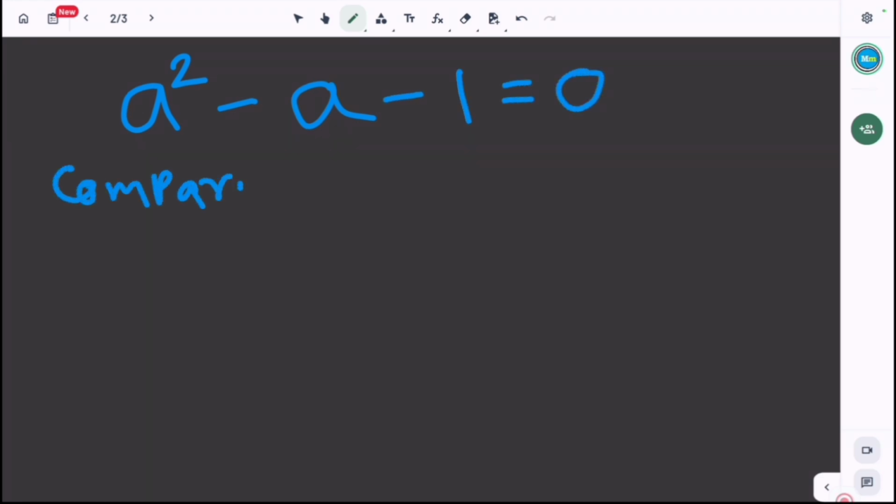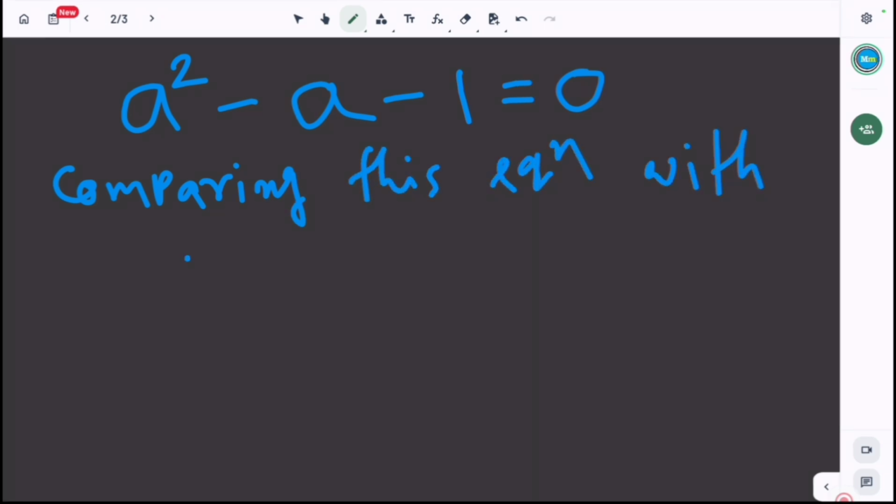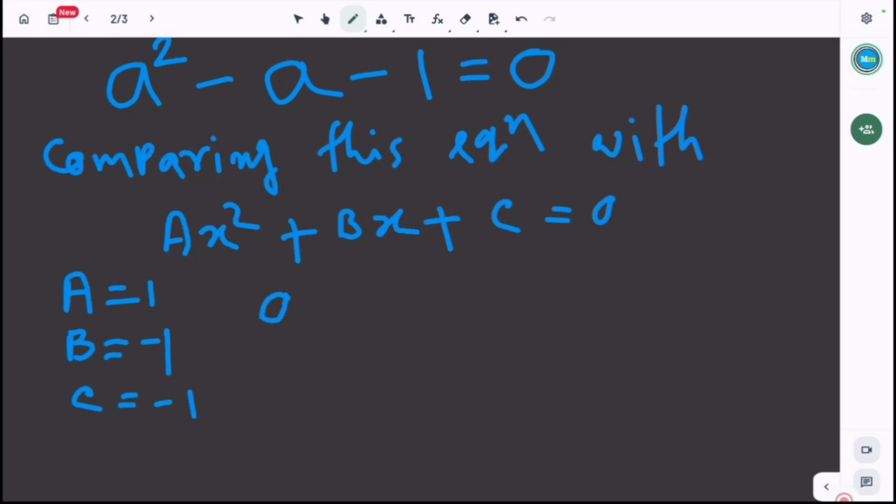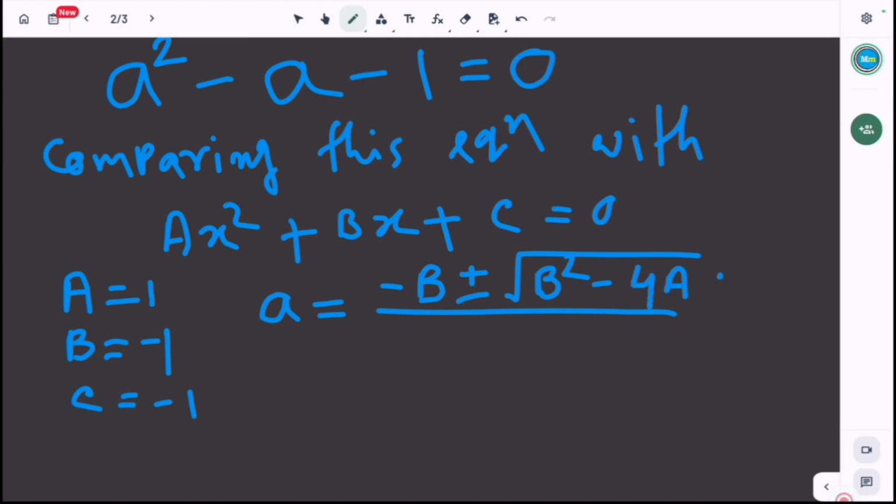Comparing this equation with ax square plus bx plus c equals 0, we get a equals 1, b equals minus 1, c equals minus 1. And now x equals minus b plus minus root over b square minus 4ac by 2a.